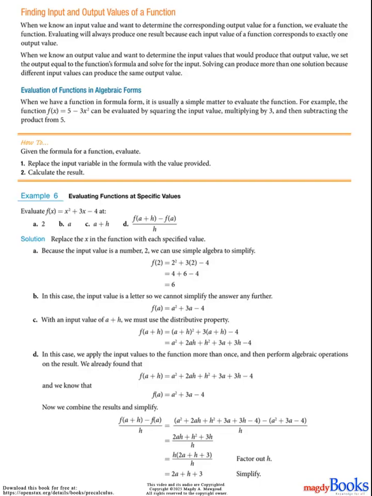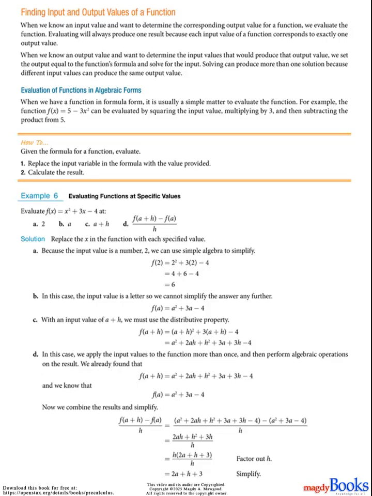f of a plus h minus f of a, divided by h, equals (a squared plus 2ah plus h squared plus 3a plus 3h minus 4) minus (a squared plus 3a minus 4), divided by h, equals 2ah plus h squared plus 3h, divided by h, equals h times (2a plus h plus 3), divided by h.